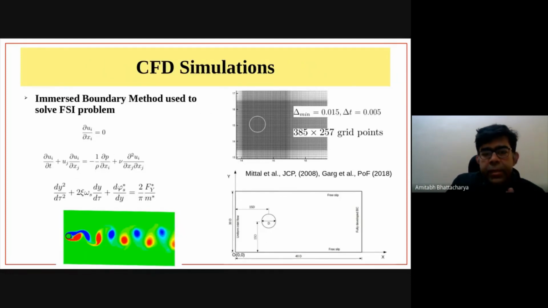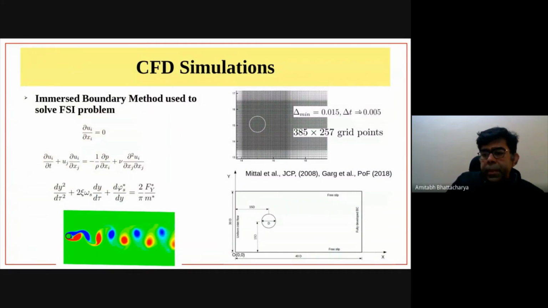We also conducted some CFD simulations. In these CFD simulations, we solve the Navier-Stokes equation, and we solve Newton's law for the structure, and your Fy is simply the net force acting from the fluid onto the solid. This is what the mesh looks like, and your delta min, the smallest grid size, is about 0.015, which is less than 2% of the cylinder diameter.